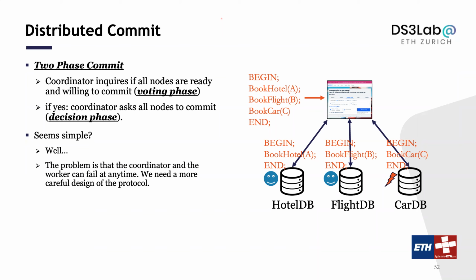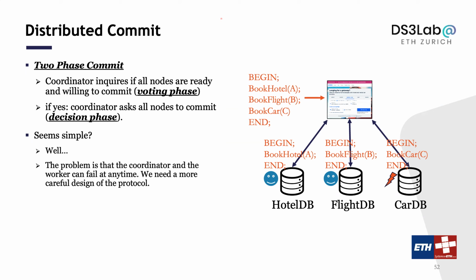So you need a very carefully designed protocol to make sure it still works when failure gets in the way. Because the coordinator and worker can fail at almost any time without all other workers knowing about it, the whole thing becomes a little bit tricky to understand, right?